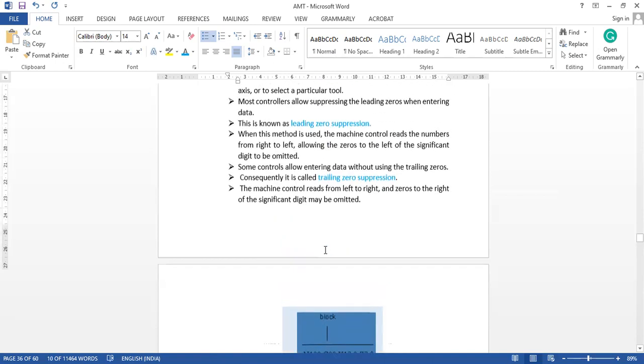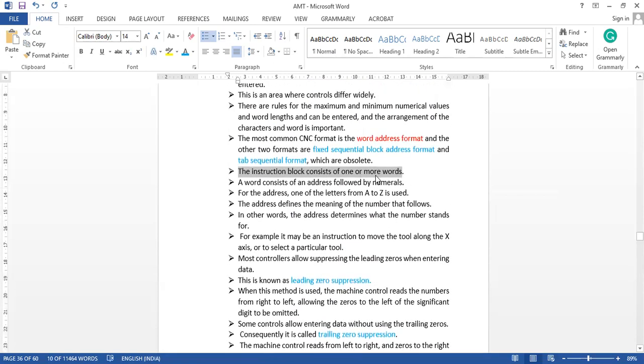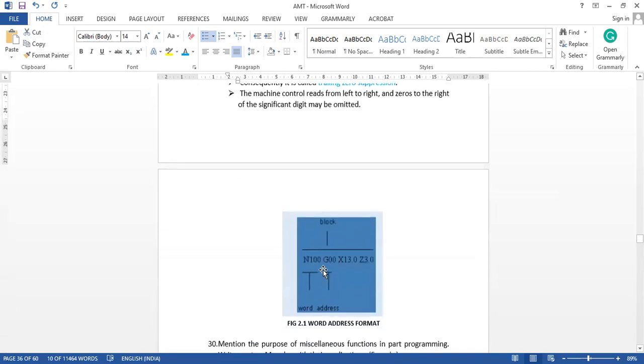G00 means rapid traverse, that is, the tool rapidly moves from one point to another. Then X13 Z3 means rapid movement of the tool to X equal to 13 and Z equal to 3.